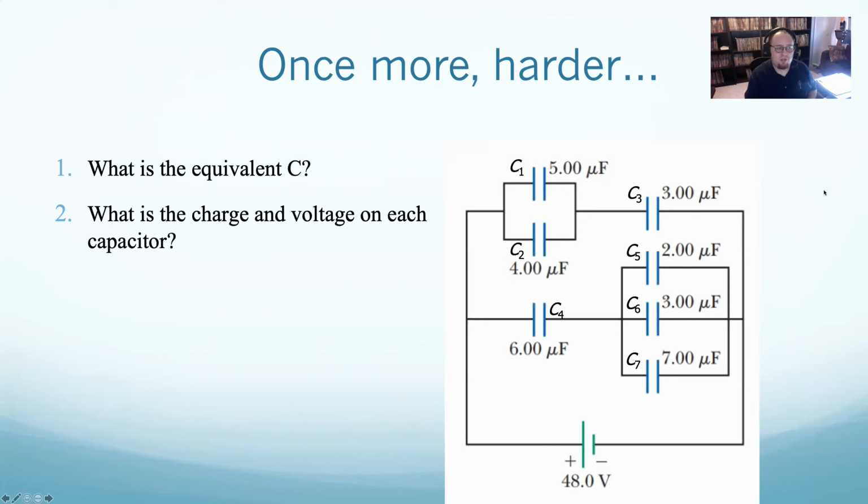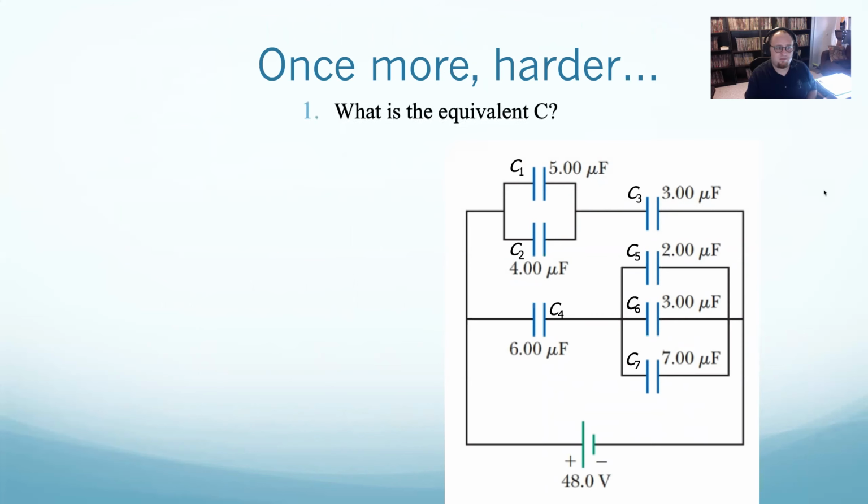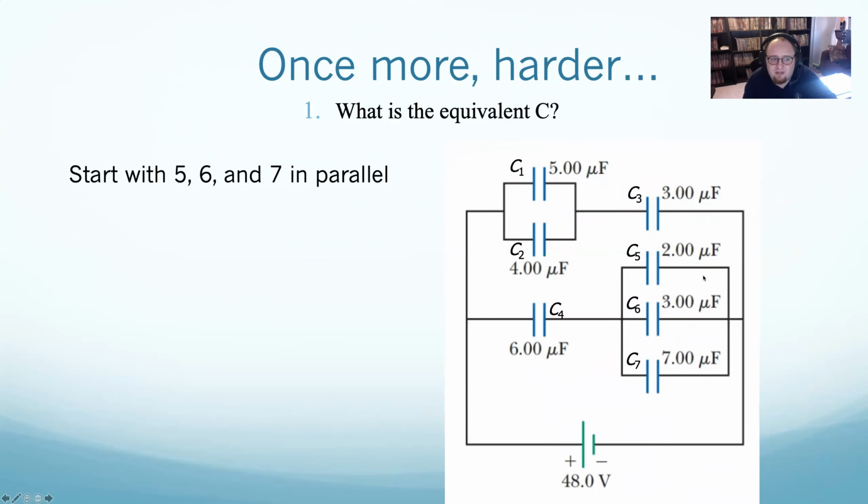So I'm going to start with the equivalent capacitance. And we'll look at it and ask, what can I easily add up? There's a lot of things I could start with, but I decided to start with 5, 6, and 7. Capacitors 5, 6, and 7 are in parallel with each other. So I have an equivalent capacitance that I called C567.